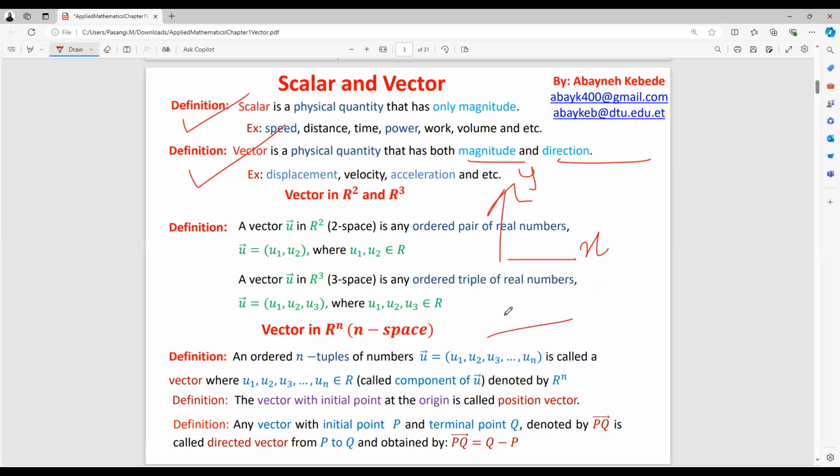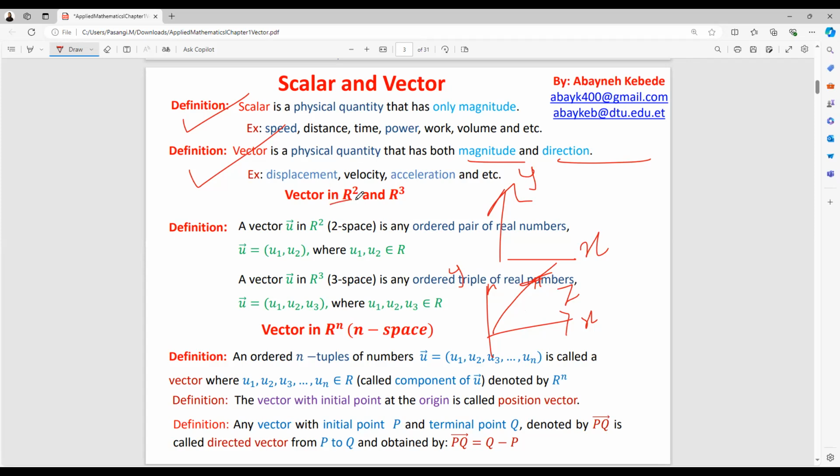If it's 3D, what will happen? Here we have x, here we have y. Perpendicular to these two, we have another one, which we call z. So we have three sides. Is it clear? Yes. Okay.